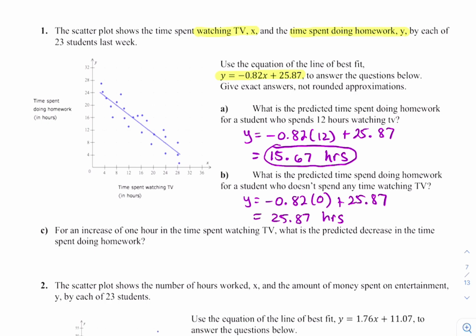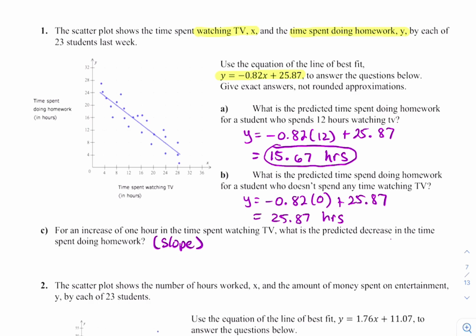And then C, for an increase of 1 hour in time spent watching TV, what is the predicted decrease in time spent doing homework? So this is really just a fancy way of asking you for the slope of the problem. So again, it's asking for an increase in 1 hour. So as we go this way on our graph, what is the increase? Okay, so if I'm looking at this as I'm going this way, we are going down, so that's where the decreasing is.